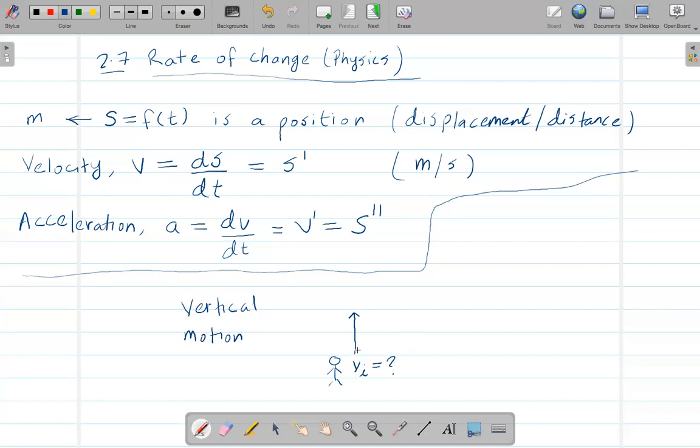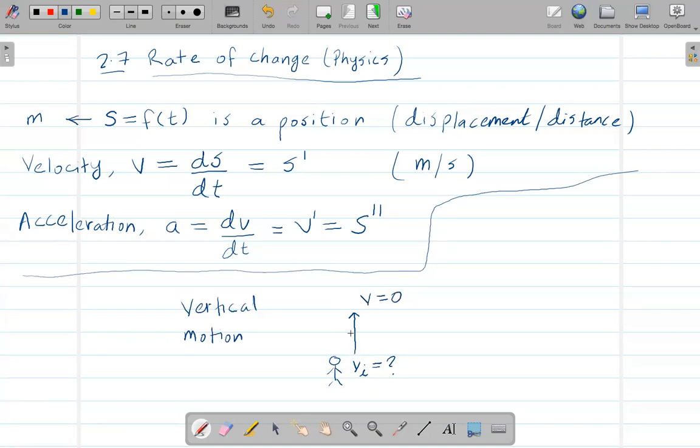And the thing is, once you throw the ball, it will reach a certain height, or a maximum height, right? Once it reaches the maximum height, it will stop there for a few milliseconds or a few seconds. At that time, at the maximum point, the velocity is going to be 0, right?